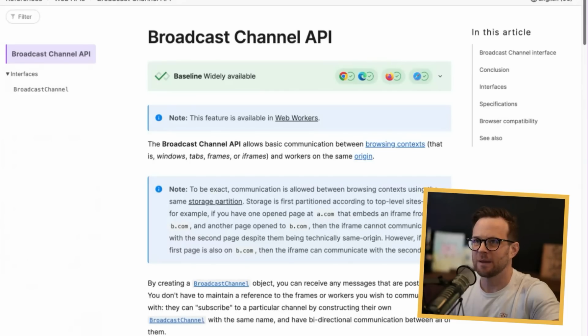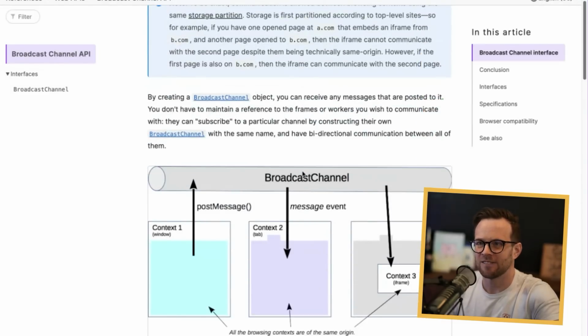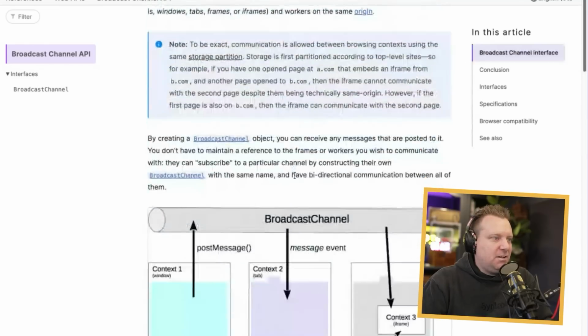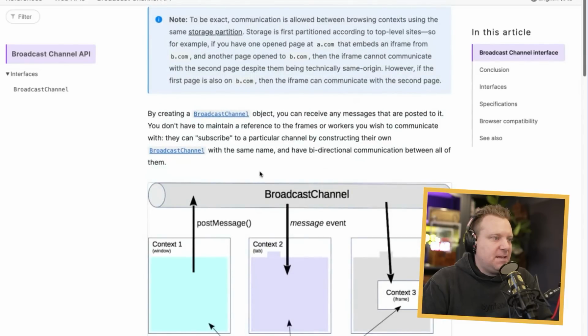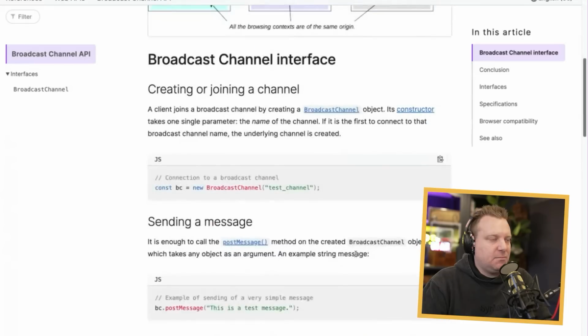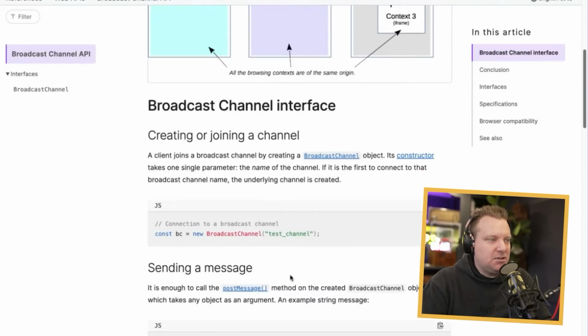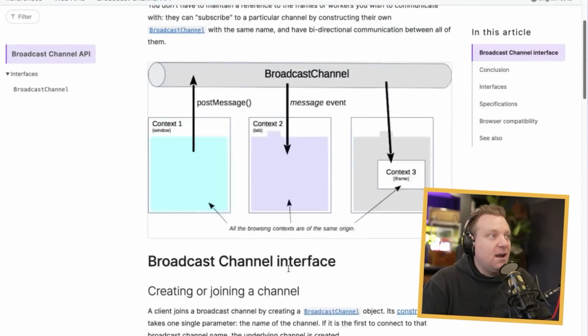Broadcast Channel API. What is that? I have not used that. Broadcast Channel allows you to message between multiple tabs or multiple windows of an application. You used this, didn't you? I actually didn't.